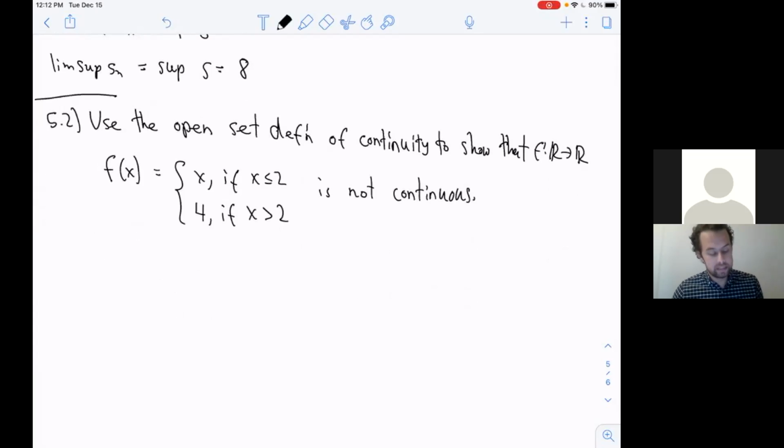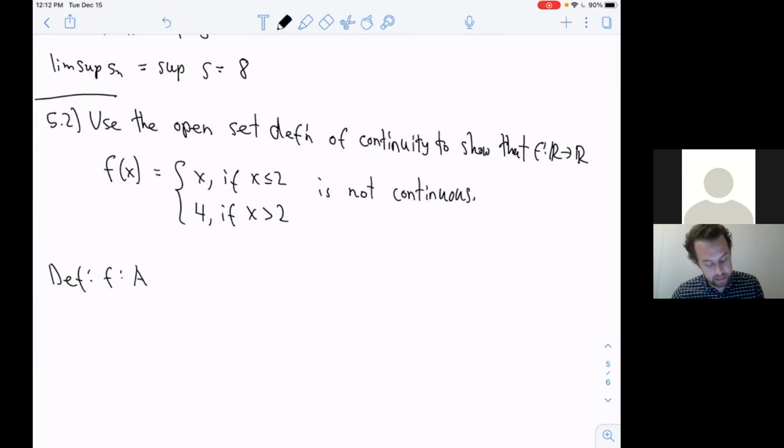Okay, remember the open set definition is: f is continuous if and only if, let's just say f goes from R to R, that'll make it easier.